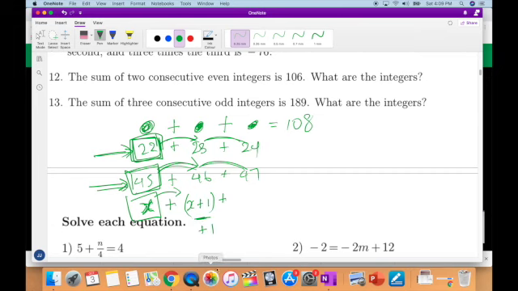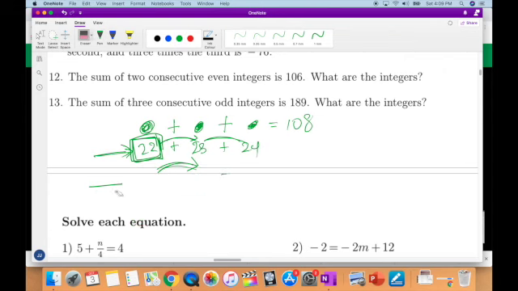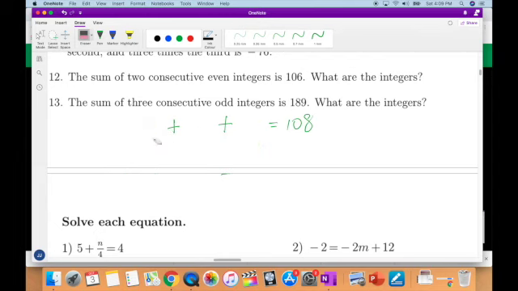And so if I take this number and I add 1, I'm going to get x plus 2. So my 3 consecutive numbers are now, if the first one is x, then the second one will be x plus 1, and the third one will be x plus 2. Caitlin, do you understand how I got my 3 consecutive numbers?